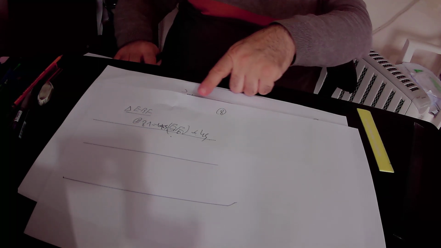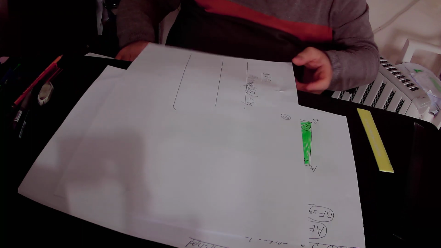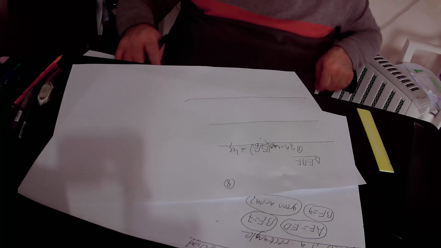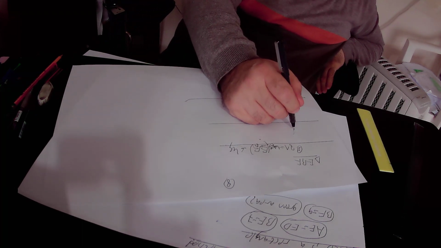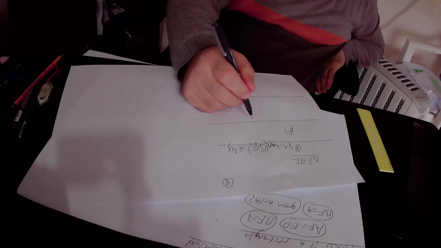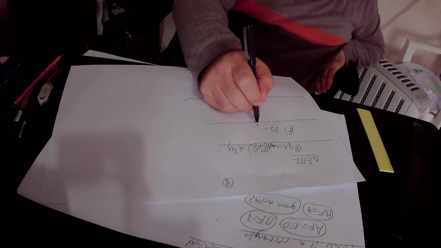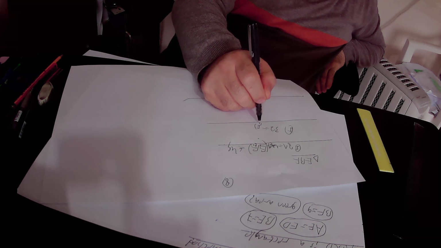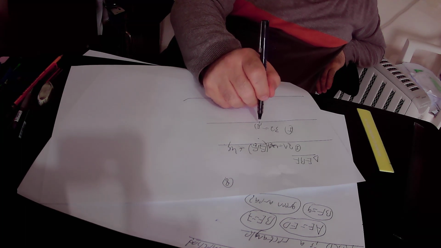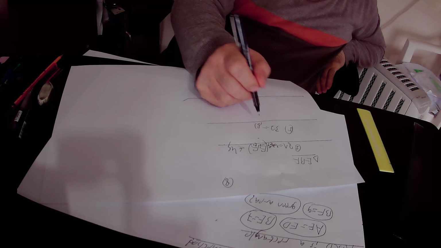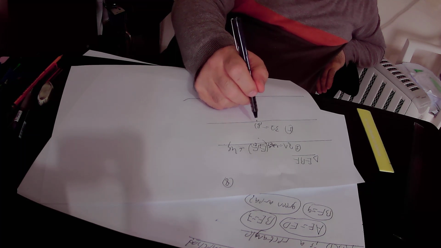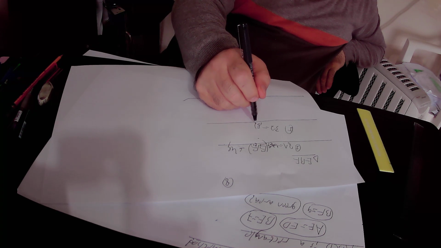We subtract 49 from this equality and we get that 81 minus 49 is 32. 32 equals EF square.